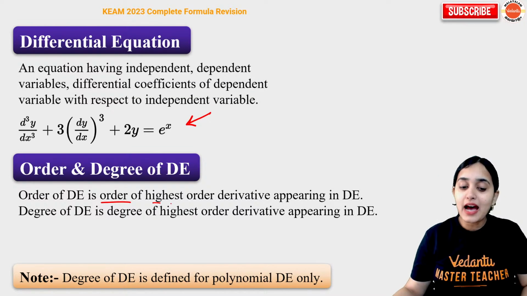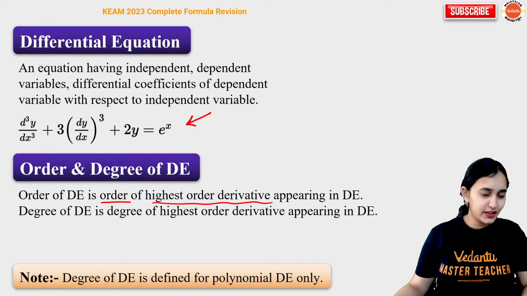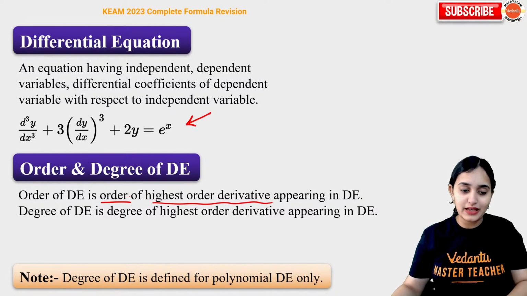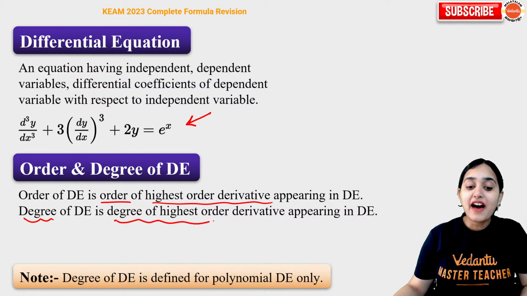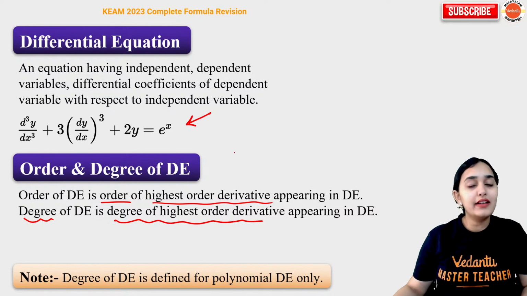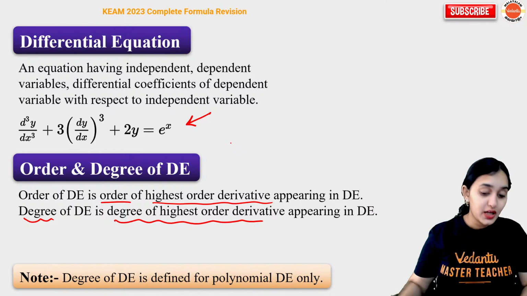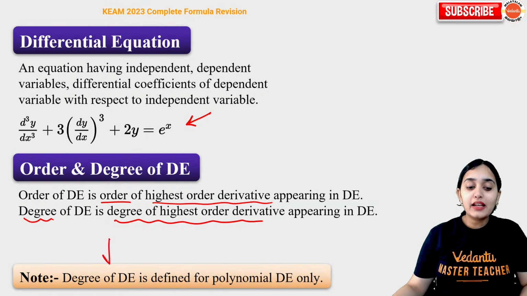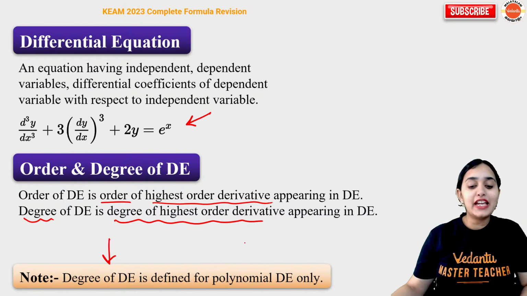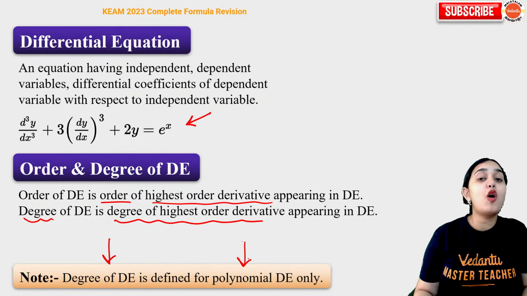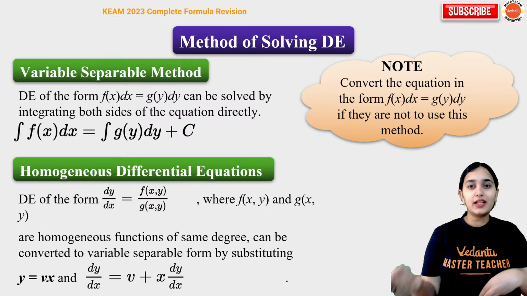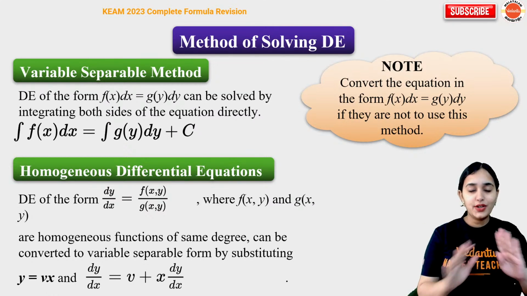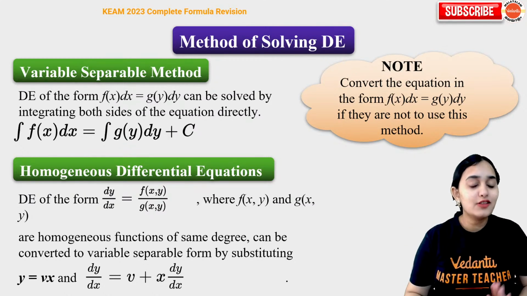Order is basically the highest order derivative present in the equation. Degree is basically the power of the highest order derivative in the equation. Now remember, degree is only defined if your function is a polynomial. If your function is trigonometric or logarithmic, not a polynomial, then just write degree is not defined.